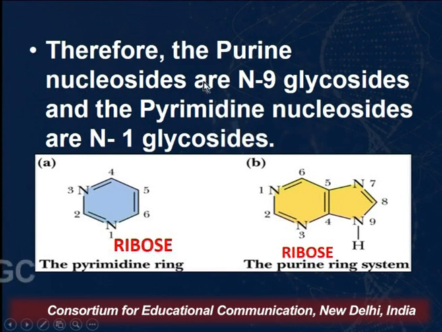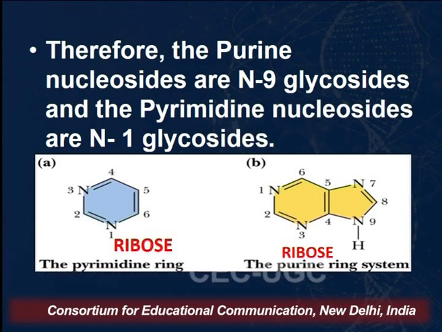Now what we conclude from here is that when we are taking purine as the base, the bond is between C1 prime and N9 of the purine. Therefore, purine nucleosides are N9 glycosides, and pyrimidine nucleosides are N1 glycosides.